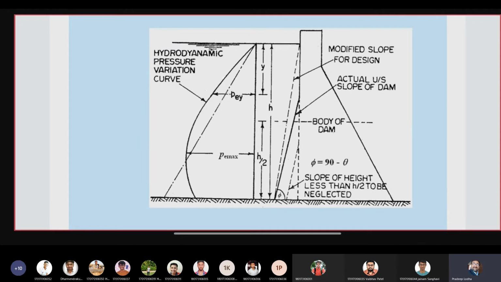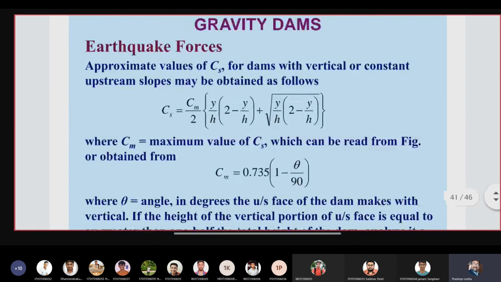Okay, that is what the IS code provision makes, and accordingly Zanger's formula is used here.